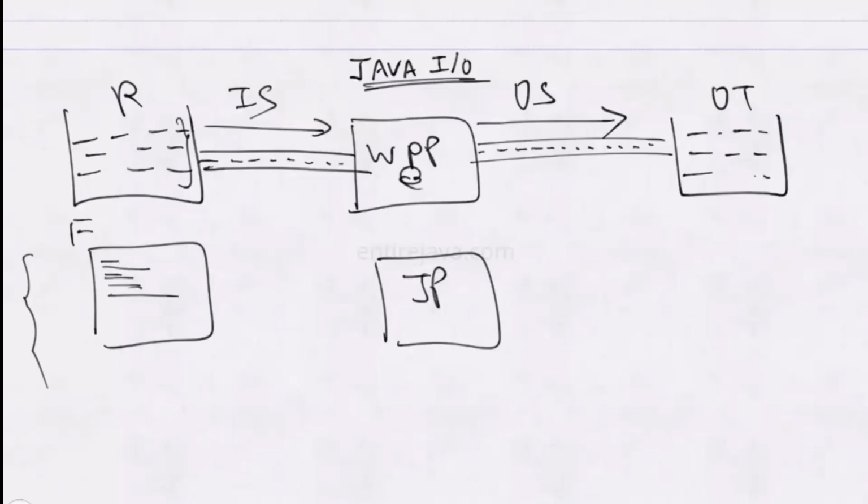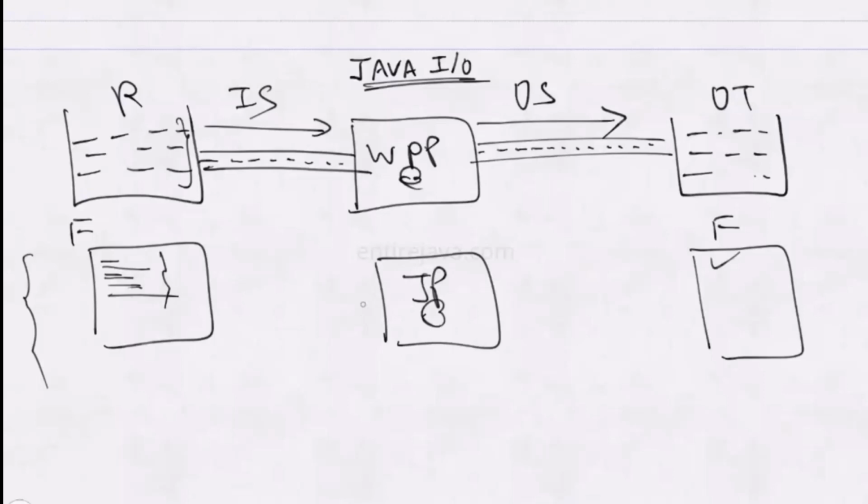Similarly, we're going to have a destination, and in this example we're going to consider another file as the destination. Our job is to copy all the text in here to the destination file, and in between we may want to do some processing. But in this example, I just want to demonstrate how to copy this text from the source to the destination.